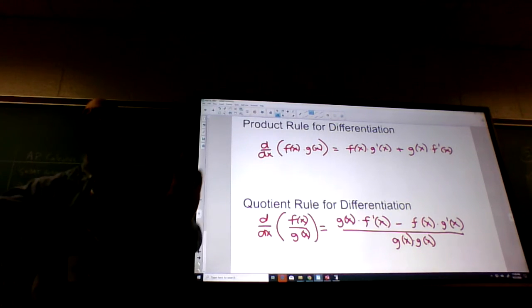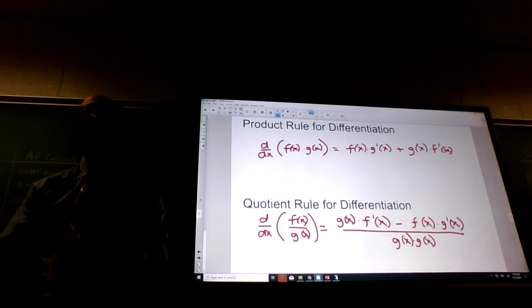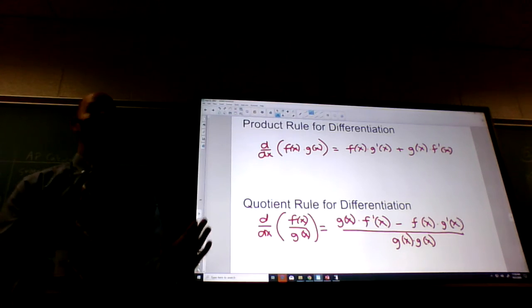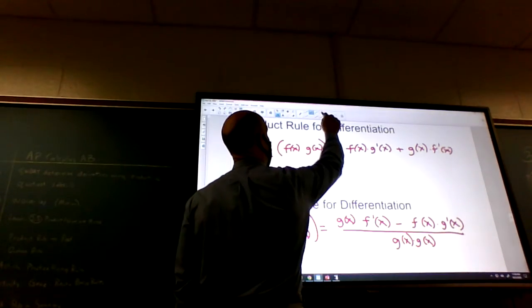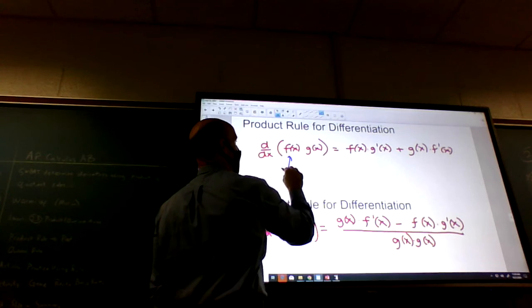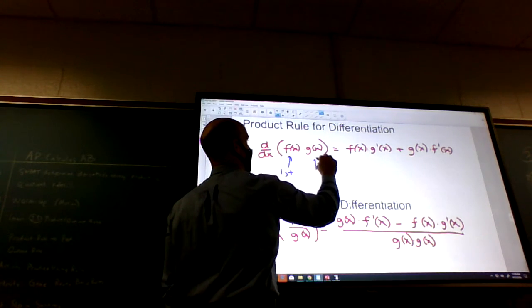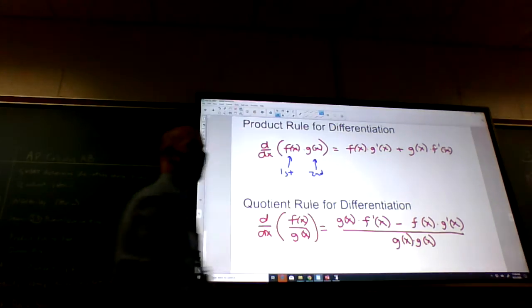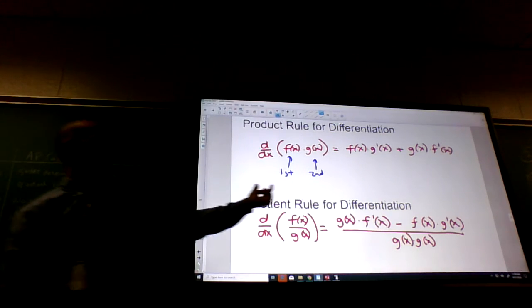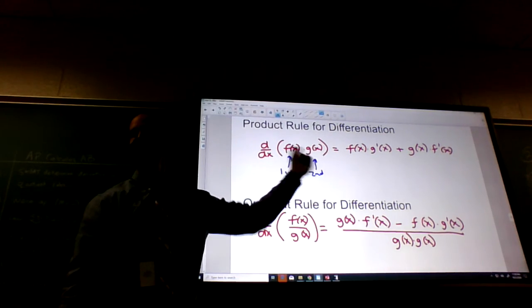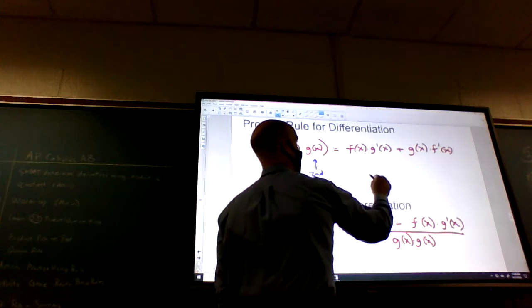Anyways, I'm going to give you something similar to that right now. If you like it, use it. I still use it. You could think about that as the first one and then the second one, right? First and second. This is the first function, and this is the second function. So here's what I do for this rule.